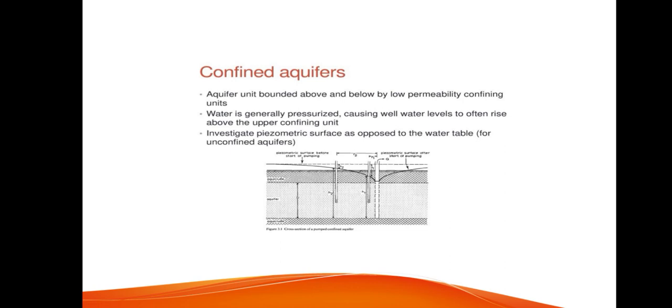Next, investigate the piezometric surface as opposed to the water table for unconfined aquifers. The piezometric surface represents the level to which water will rise in wells due to hydrostatic pressure, while the water table indicates the upper boundary of the saturated zone where the groundwater pressure is atmospheric.